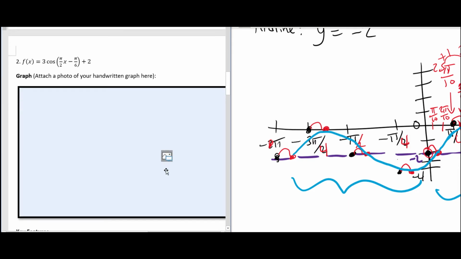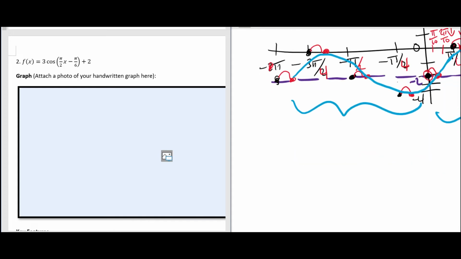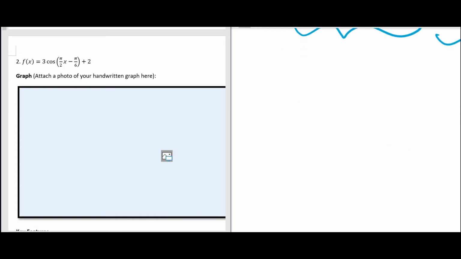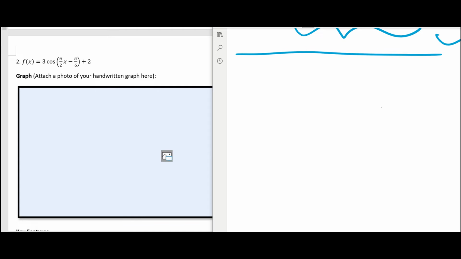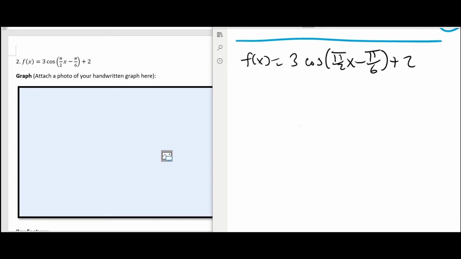So let's do the next example. So we have 3 cosine pi over 2. I'm going to try to get to this one a little bit faster than I did the previous one. Okay, so again, let's do the amplitude.